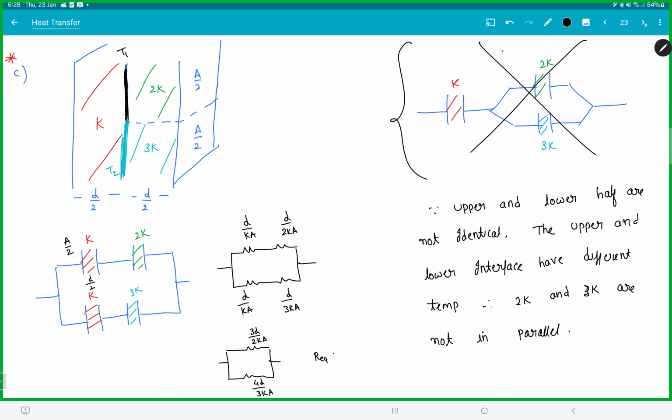R equivalent is R1 R2 by R1 plus R2. That will be 3 by 2 into 4 by 3. 3 will cancel, 2. Denominator: 3 by 2 plus 4 by 3. 9 plus 8, 17, over 6, 12. There, that's your answer.